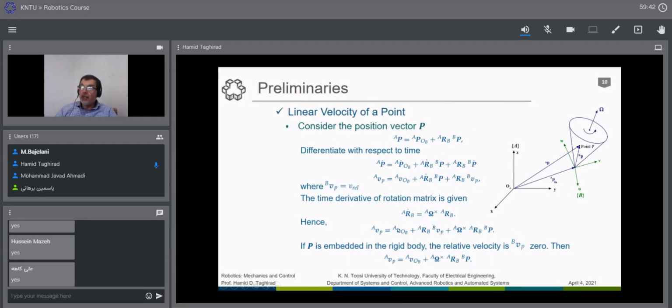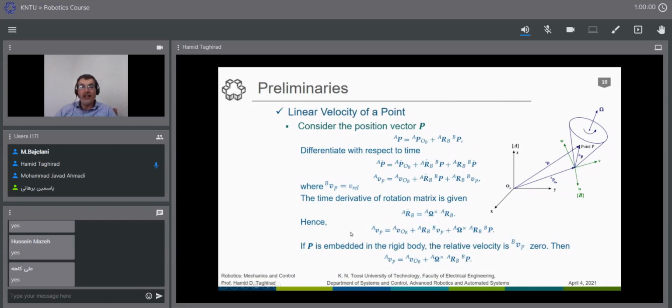V of P, this R dot will be omega cross R, very simple, omega cross R, RB with respect to A, and omega is the angular velocity of frame B with respect to frame A, and this gives you the whole relation here.